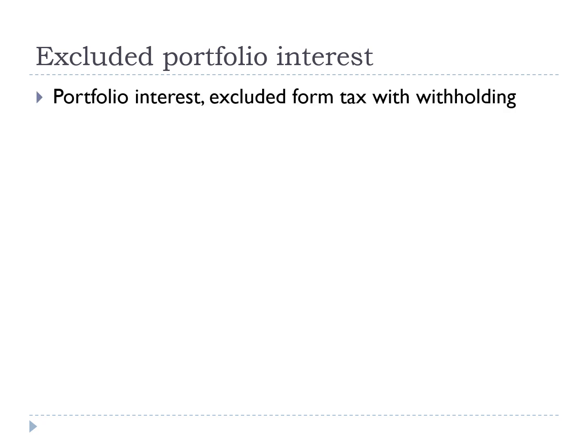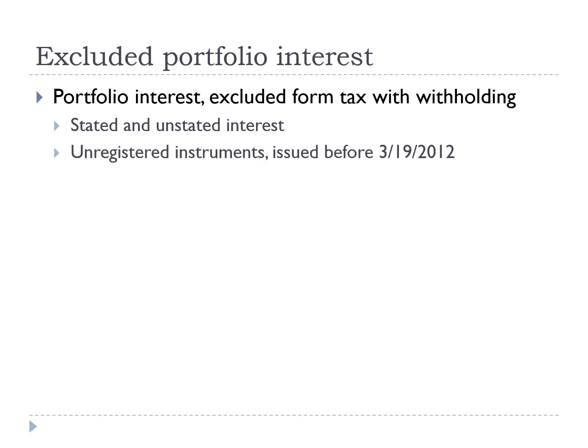Portfolio interest income is excluded from the 30% tax and withholding on non-business income. Portfolio interest, which is excluded from the 30% tax and withholding, includes the following when received by a foreign person: stated and unstated interest and OID on unregistered debt obligations that are designed to pay interest only outside the United States and only to foreign persons.